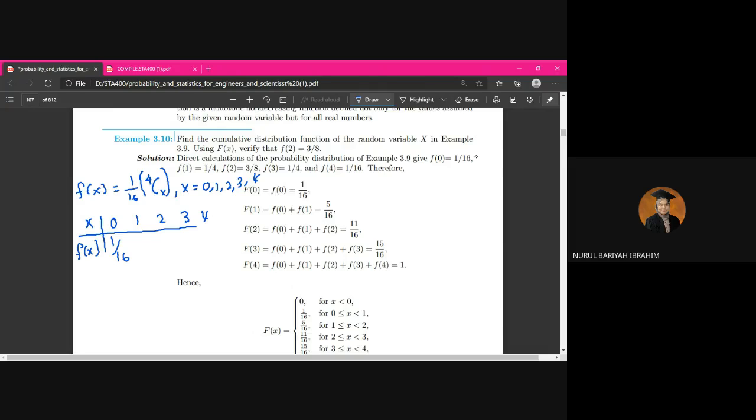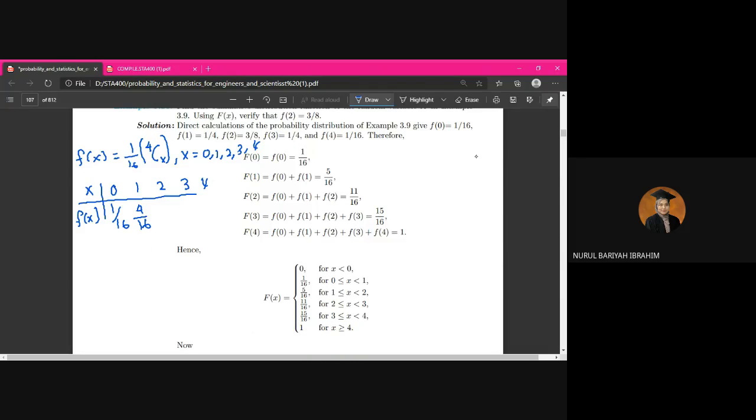Untuk di sini it will be 4c1 is 4, 4/16 dekat sini. Bila 4c2, 4c2 is 6, so 6/16.